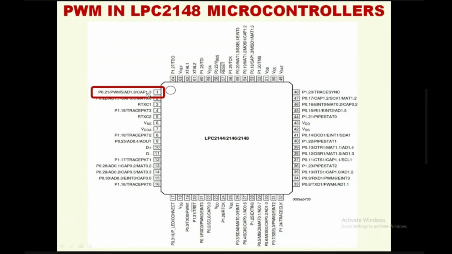So each pin can be used as general purpose input output, the first alternate function may be PWM5, the second alternate function may be ADC, and the third alternate function may be the capture module.